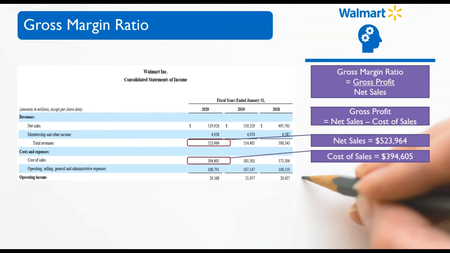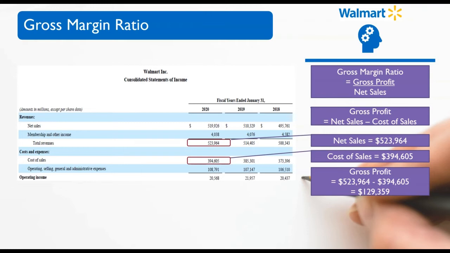Now, the cost of sales relating to that is $394.6 billion. When you take net sales less the cost of sales amount for the year, we calculate a gross profit of around $129.4 billion.